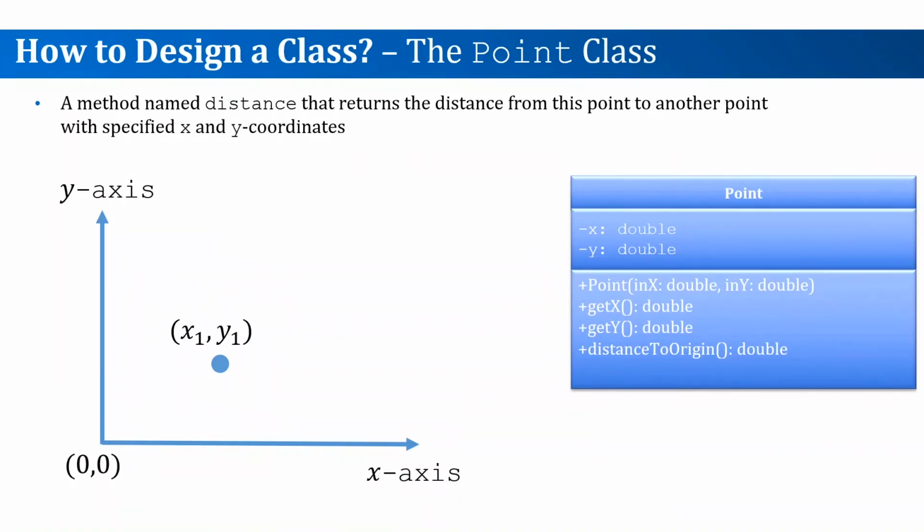Now if I ask you to find the distance from one point to another point, I have to provide you with the coordinates of the other point. So in this case, we have to take an input of the other point coordinates, x and y. Let's call it x2 and y2. Now how do we find the distance between these 2 points? It's the same thing.